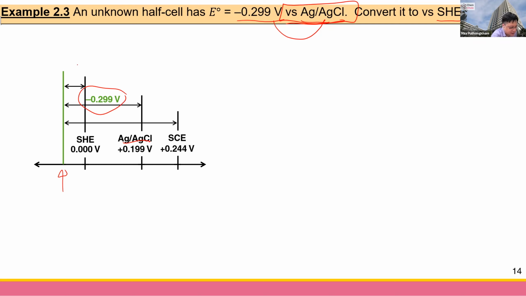So first, let's find this distance. What is the electrode potential against SHE? We know the electrode potential against silver chloride, and we know that this number is found by subtracting: the electrode potential against SHE minus the electrode potential of silver chloride.